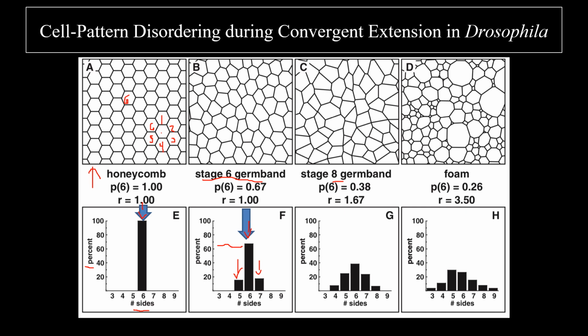Here you have a lower number of 6 neighbors, so fewer hexagons, and you start getting also an increased number of pentagons and heptagons, and sometimes even squares and octagons.